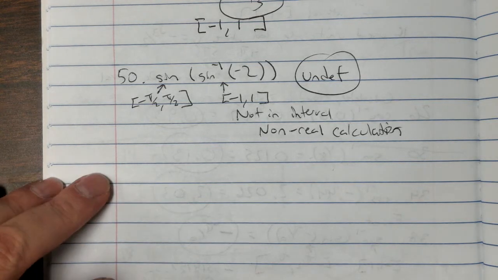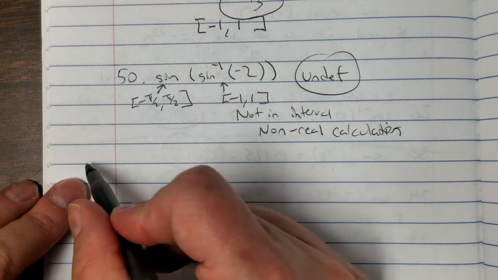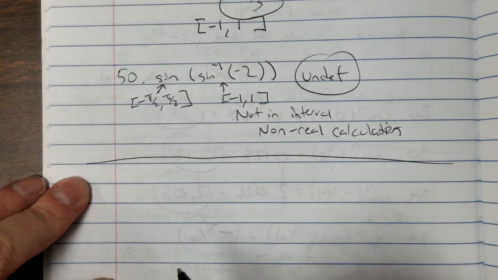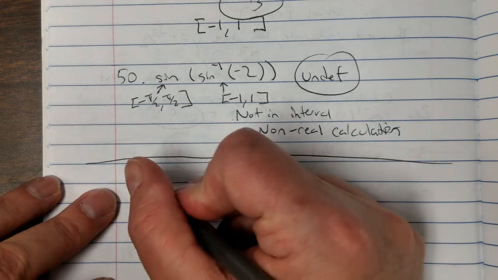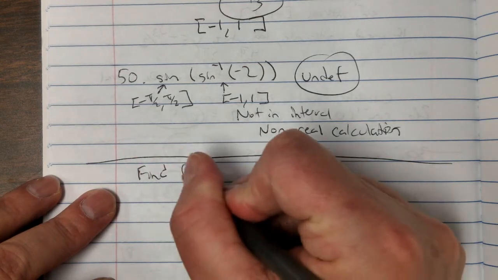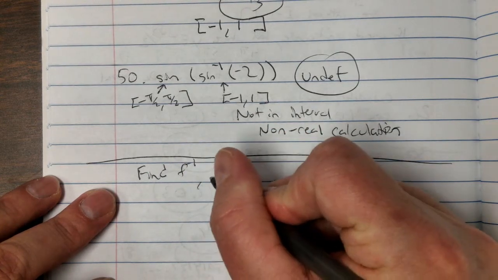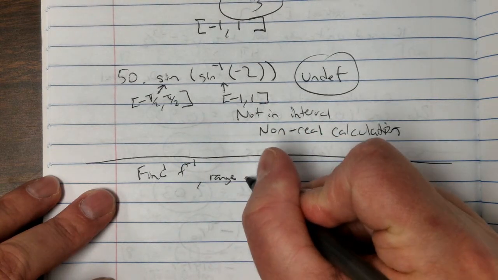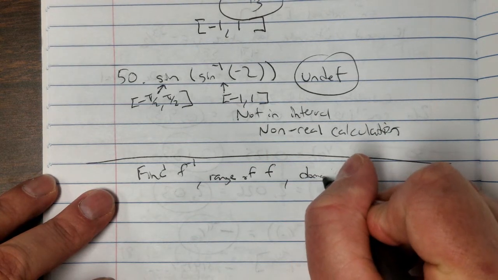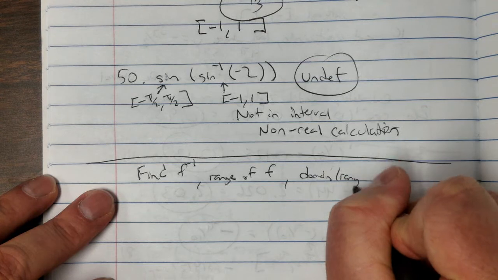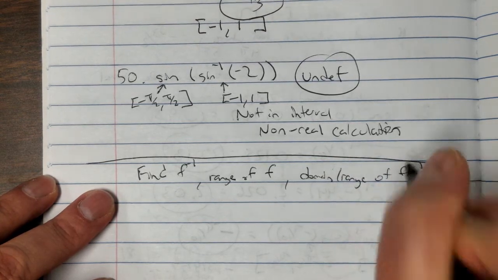Now we have a couple more that have to do with actual intervals and moving things. There's actually lots of steps. You want to find your inverse and your range of f and your domain and range of f -1.